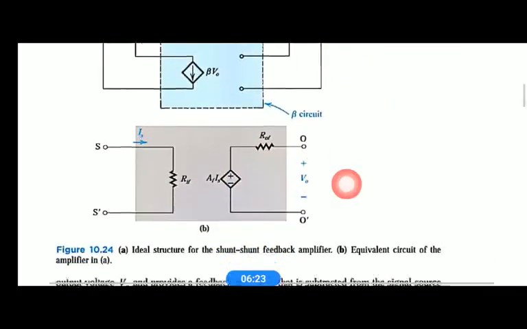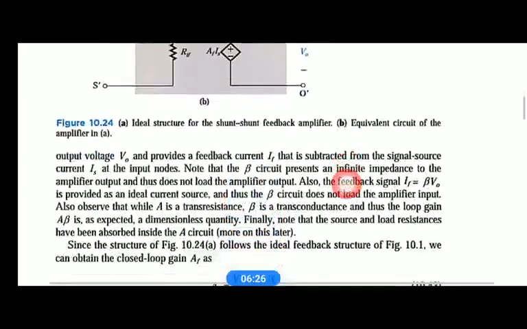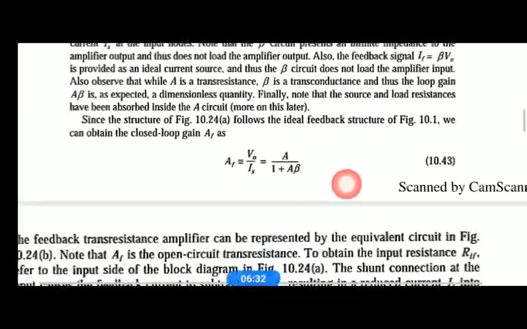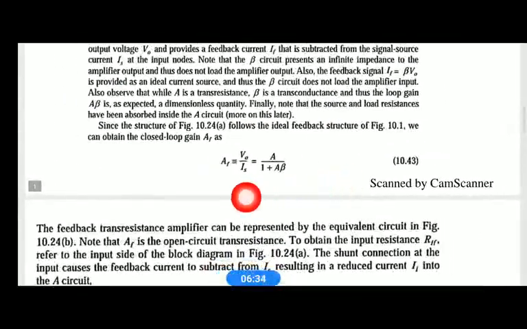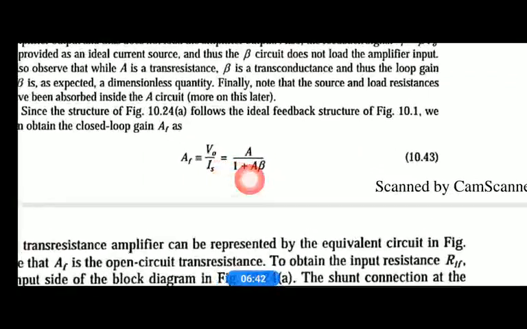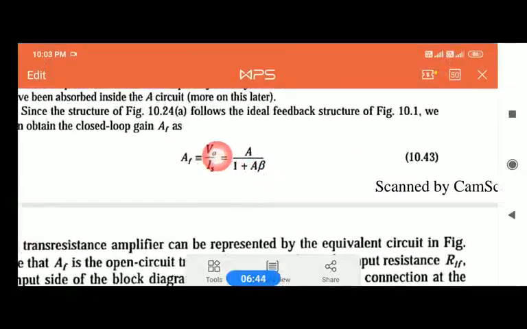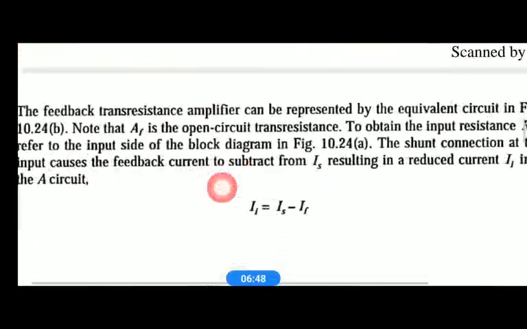RIF and ROF are the input and output resistance for the amplifier with feedback. We know that AF is equal to A divided by 1 plus A beta. This is already derived, but here AF is represented as the ratio of output voltage V0 to IS.